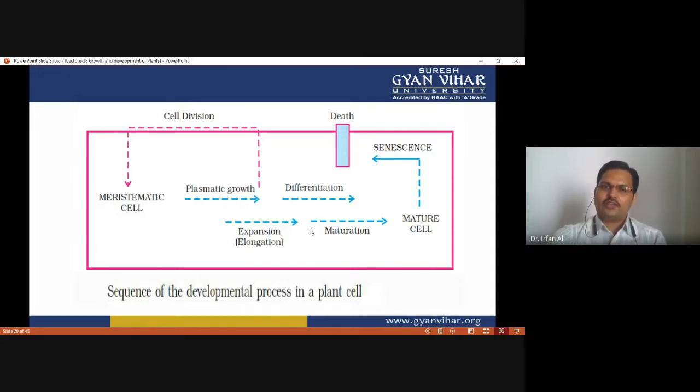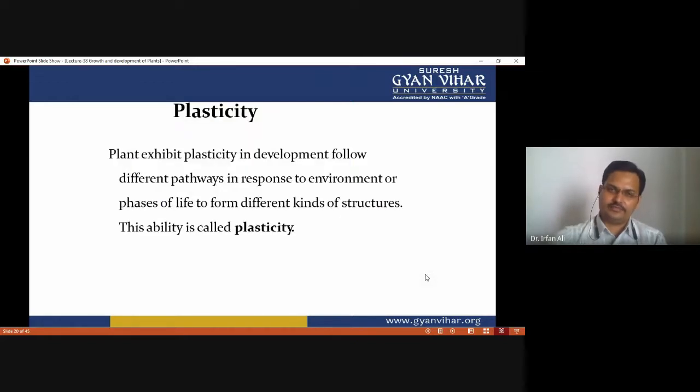Okay, and during maturation, the cells differentiate into various types of cells, and finally mature cells lose their viability and lead to senescence. Okay, ultimately there is death of cells. So this figure shows the developmental processes in a plant cell.